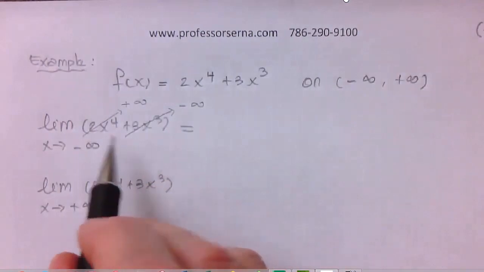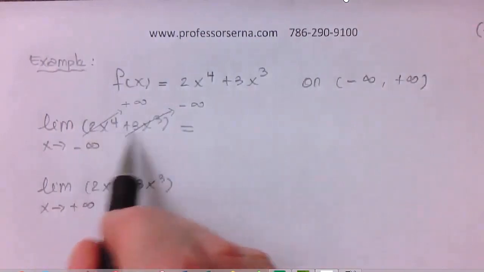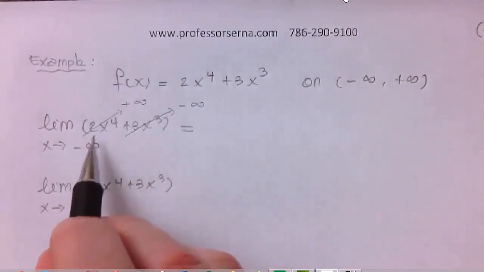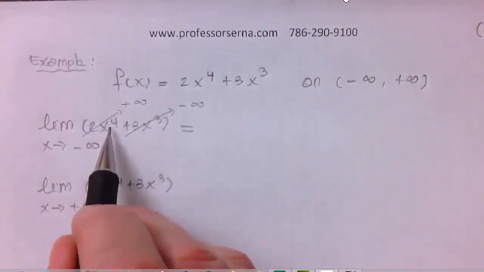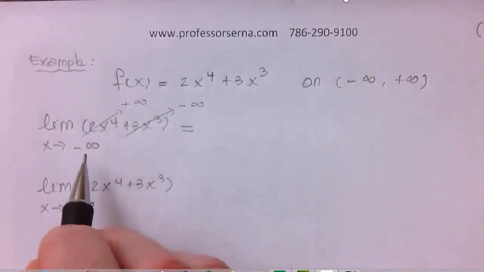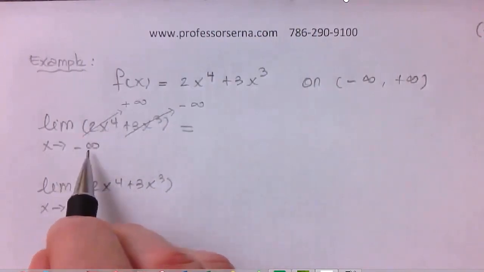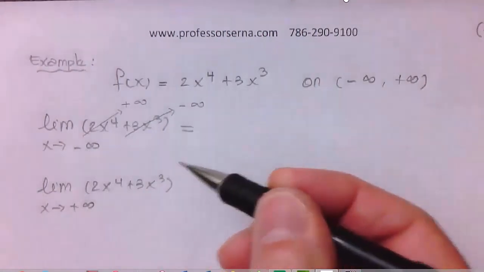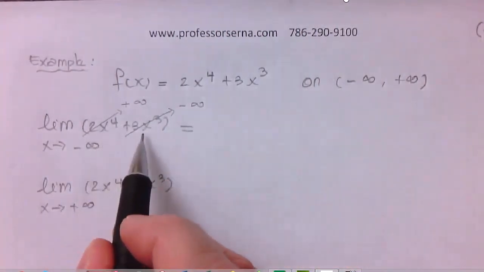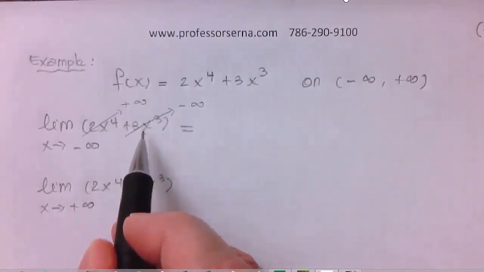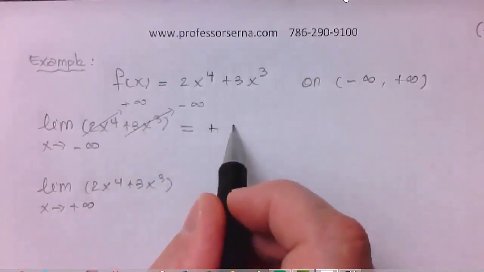The question is, who wins out of these two terms? Who dominates? And the answer is this term dominates over the other one because it has a larger exponent. So for values of x that are sufficiently large in the negative direction, this term is always going to be bigger than that one. So this limit is plus infinity.